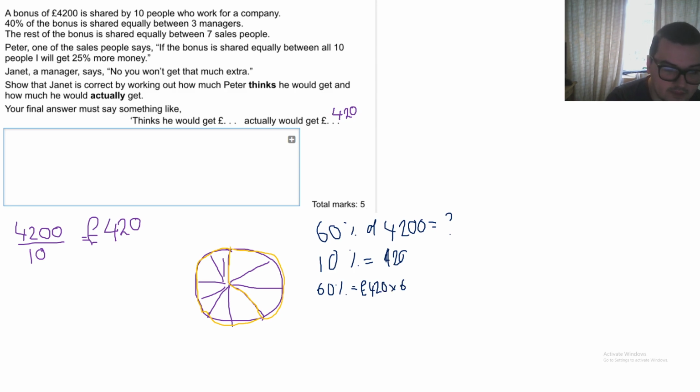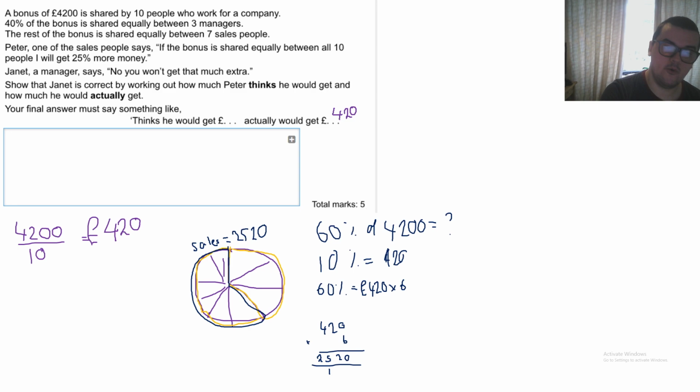We can do that as multiplication. 6 times 0 is 0. 6 times 2 is 12. 6 times 4 is 24, plus 1 is 25. So this whole amount that is shared between the salespeople is 2,520.